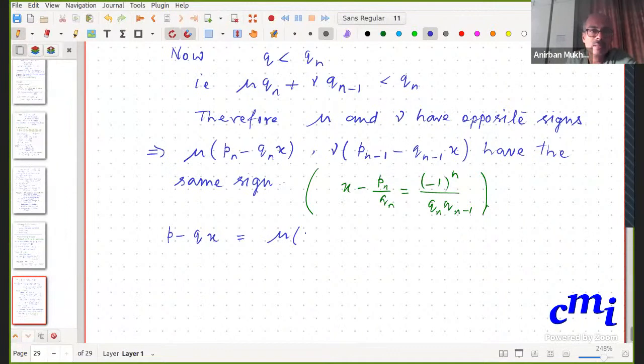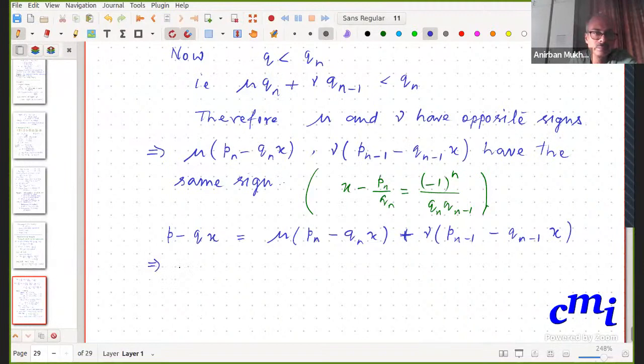If we use that, we would get mu times (Pn minus Qnx) plus mu times (Pn minus 1 minus Qn minus 1x). So both these summands on the right side have the same sign.